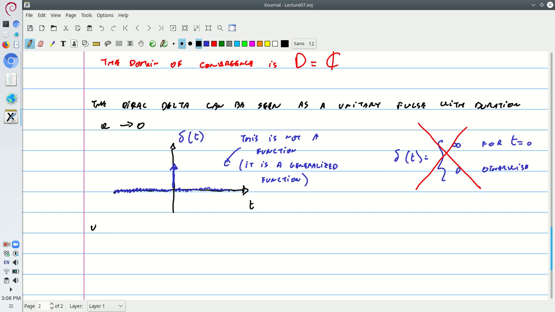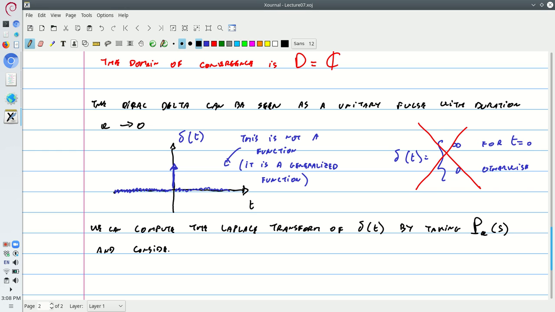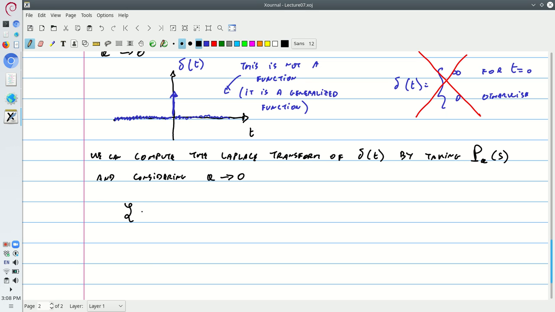Despite that, we can compute the Laplace transform of delta of t by taking p a of s and considering a that goes to 0. Let's see what happens. So the Laplace transform of the Dirac delta of s is equal to the limit when a goes to 0 of p a of s, and p a of s we have just seen is given by 1 minus exponential of minus as divided by as.